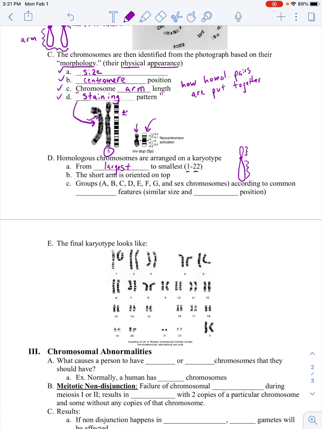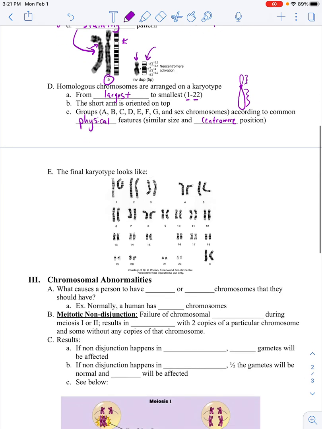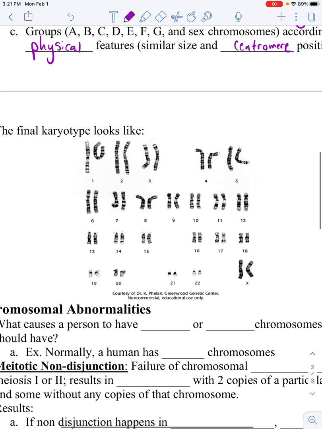They are also grouped A, B, C, D, E, F, G, with the sex chromosomes at the end, according to common physical features: similar size, and again, centromere position. The final karyotype would look like this.